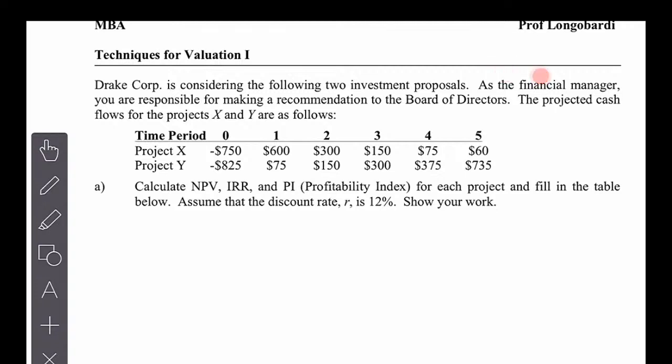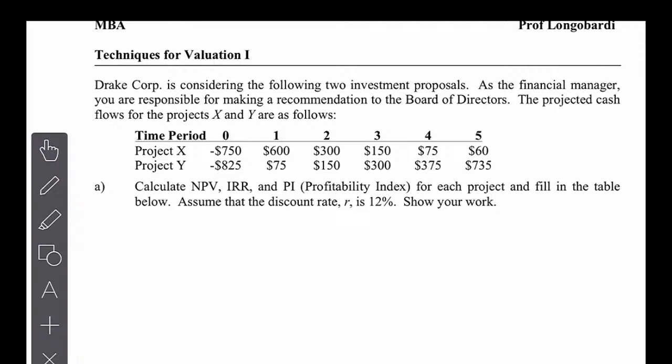As the financial manager, you are responsible for making a recommendation to the board of directors. The projected cash flows for projects X and Y are as follows. Calculate NPV, IRR, and PI for each project and fill in the table below. Oh, I don't have a table, but basically, I guess I had a table before I removed the table.